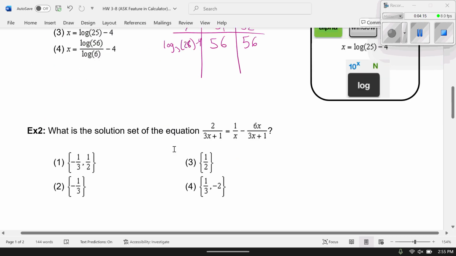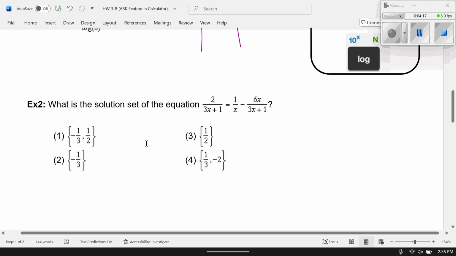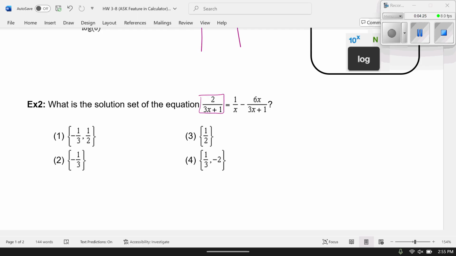Let's try it again with a different question. We have: what is the solution set to the equation? So you could solve it by hand, but not on a multiple choice. Instead, we're going to put the left in y1 and the right in y2. You're going to go to the table, and we're specifically going to look at all of these values.